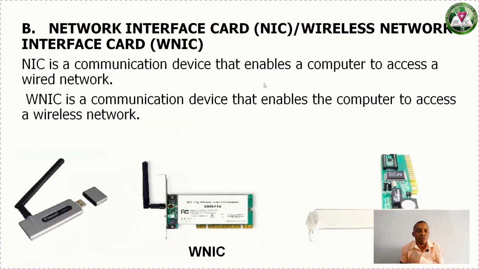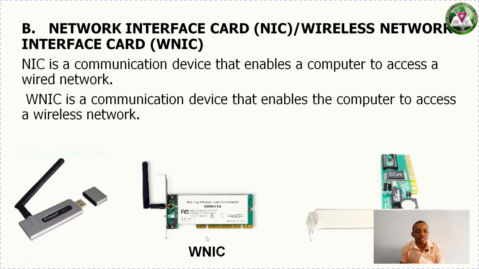Okay, let's move over to another communication device we have. We have what we call the network interface card, or the wireless network interface card. You can see an example of a network interface card, and we say that a network interface card is a communication device that enables a computer to access a wired network, while a wireless network interface card enables the computer to access a wireless network.